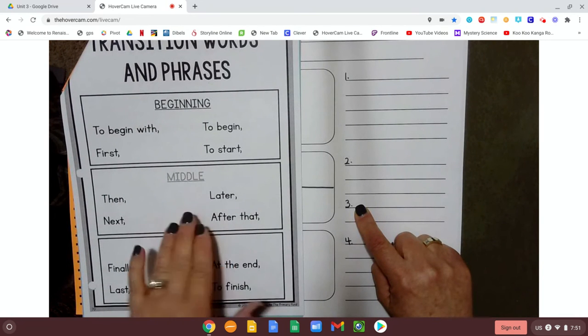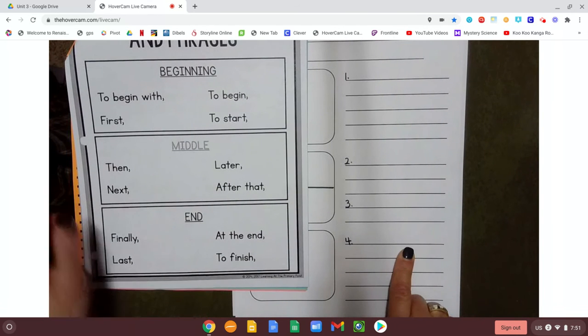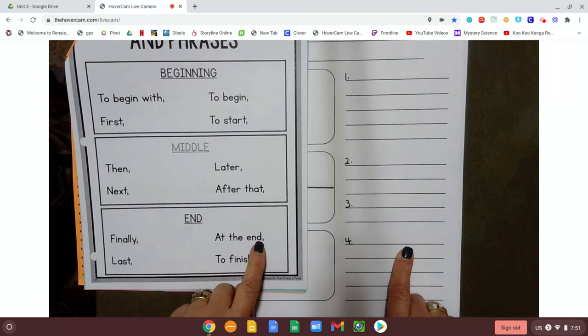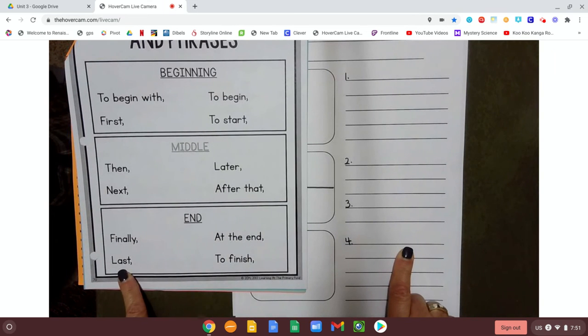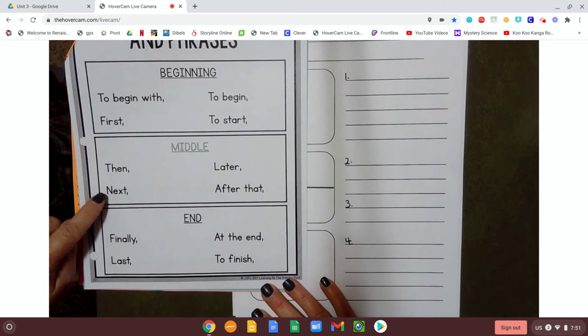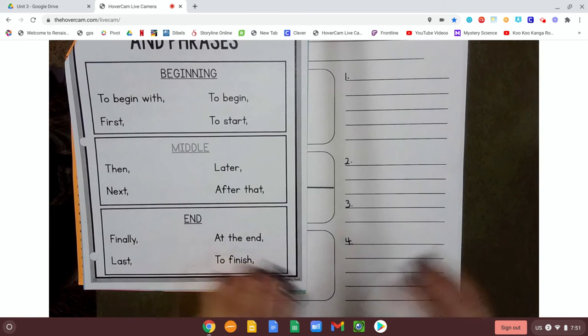So those are giving us a few more choices. And then for the end, which is step 4, we could say finally, or at the end, last, or to finish. So you see, we've quite often used first, next, then, and last. But today we might want to try using some of the other words or phrases that are on this page.